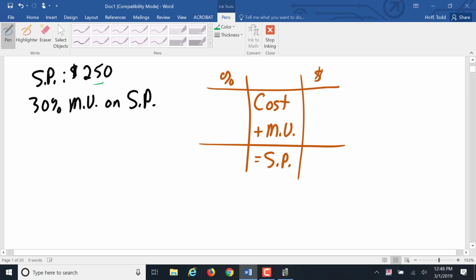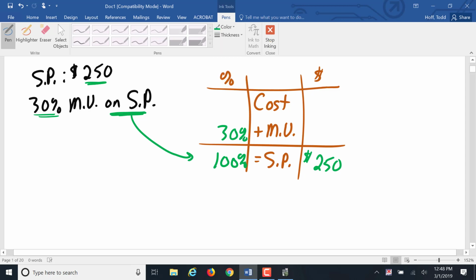And we can fill in our information. $250 goes on the dollar side of the selling price. 30% goes on the percent side for the markup. And the hidden piece of information, or the subtle piece here, is the "on selling price." What that means is 100%, the base of our calculation, is the selling price.